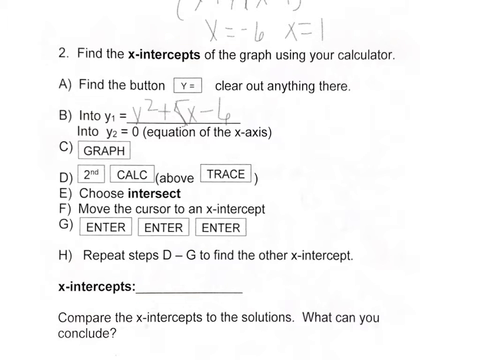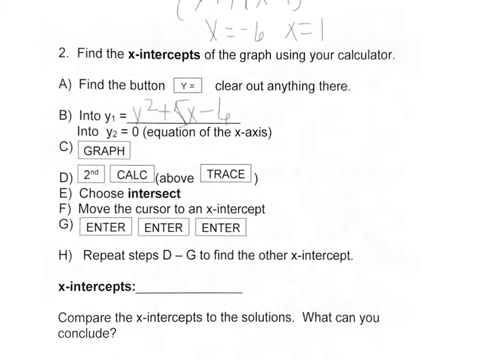And then you're going to hit second, calc, and trace. And you're going to choose intersect, which is 5. And you're going to move it to the x-intercept. You're going to hit enter, enter, enter.